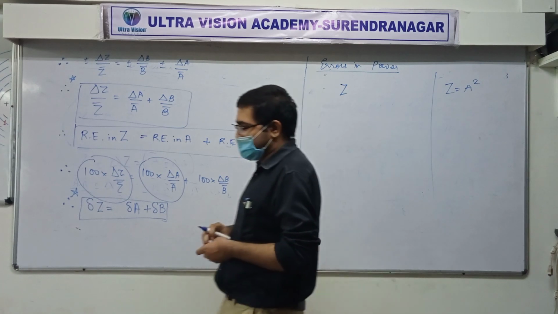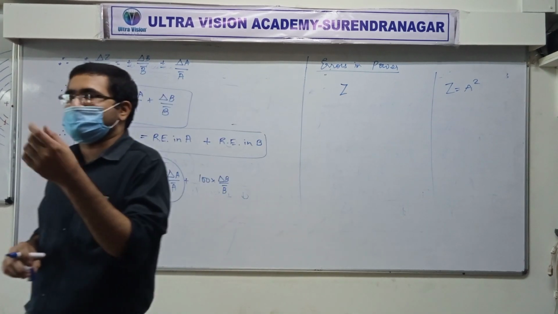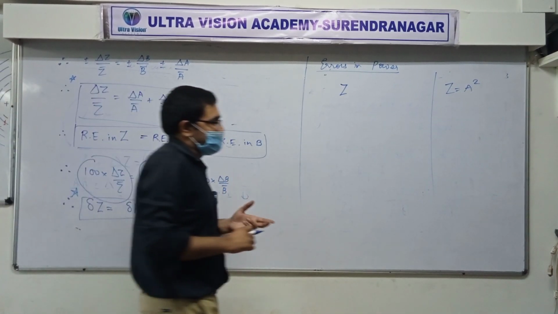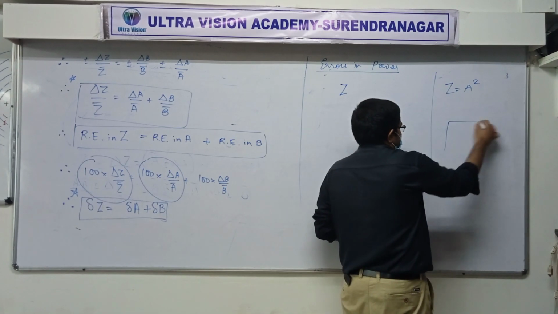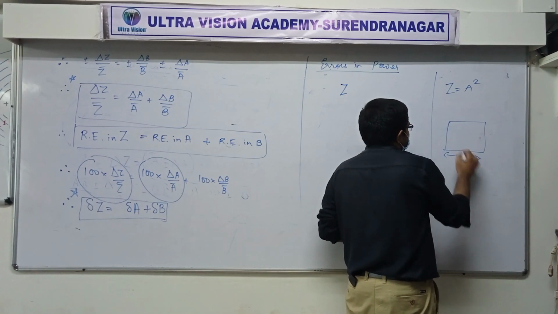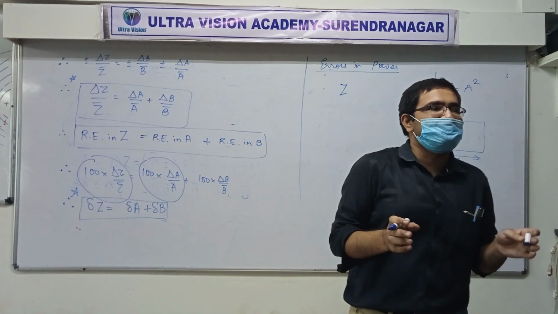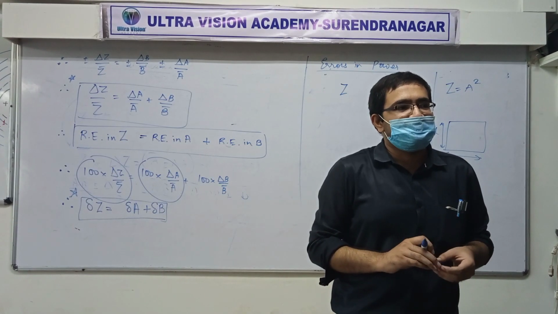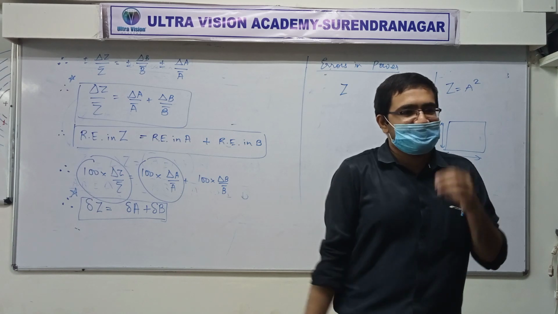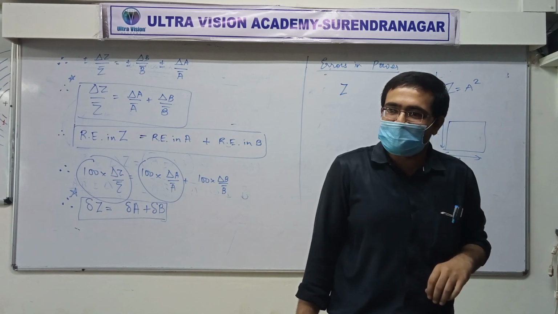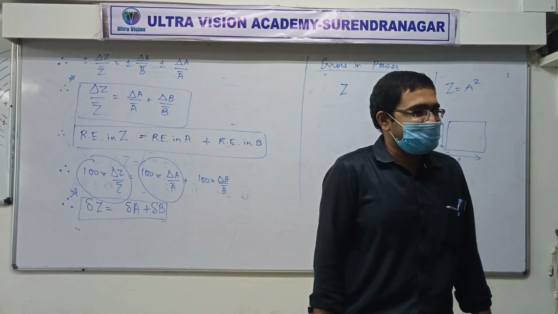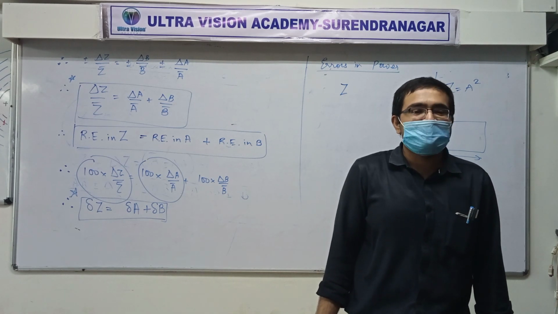What's an example of such a thing? You take a square and you want to measure the area of the square. Someone gives you a ruler, then how will you do it? Measure the length, and then what to do with it? Square. Because the formula of area of a square is L square.